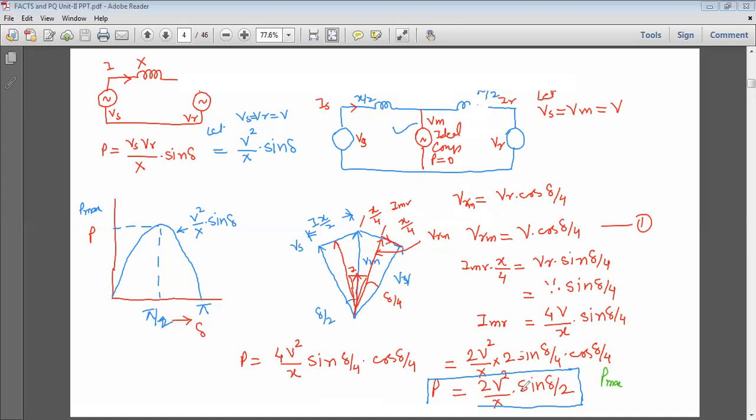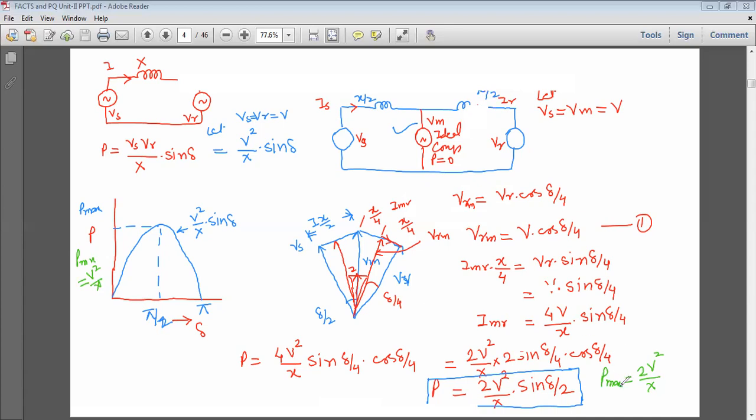Delta equal to 180 degree means sine 90, and twice V square upon X is the maximum power. And see here, V square upon X is the maximum power without compensation, so P is equal to P maximum, which is V square upon X at delta equal to 90.